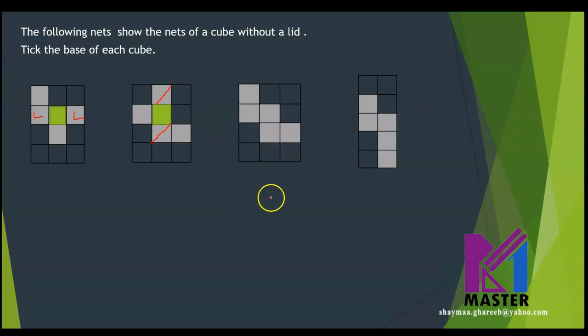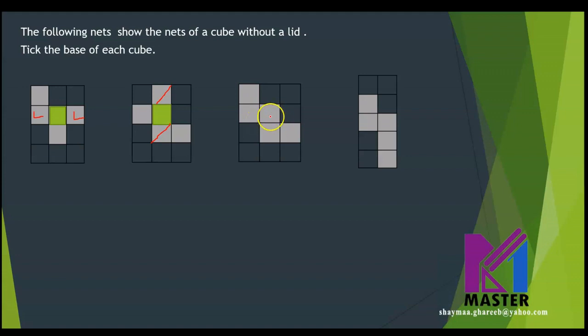Let's look at the third net here. I don't have any 3 squares in the same column or in the same row. So where to start? If I look at the one in the middle, what do you notice about this one? This one cannot be opposite to this one and this one. Why? Because it meets this one at a point and it meets this one at a line.